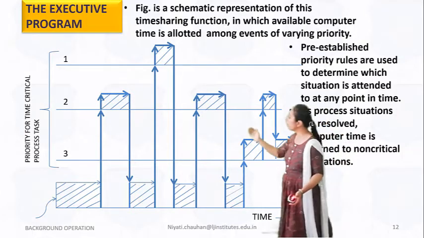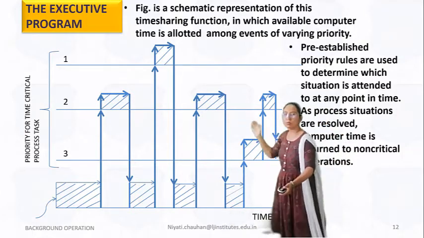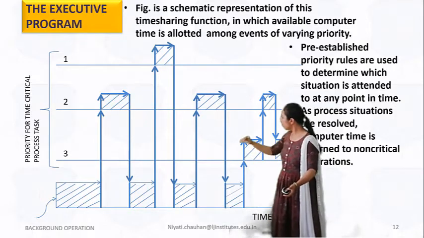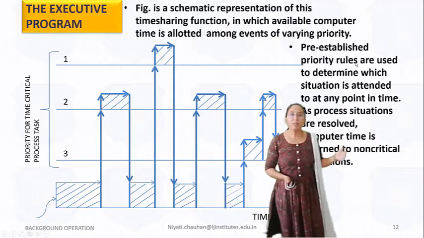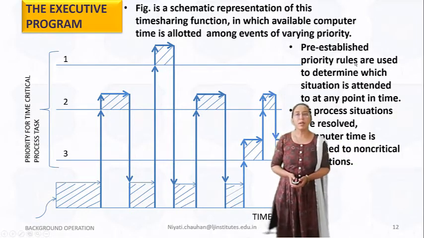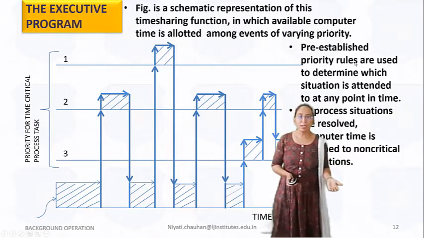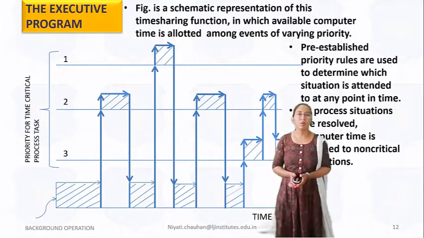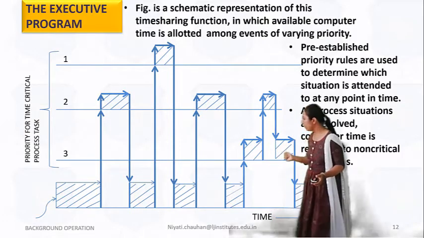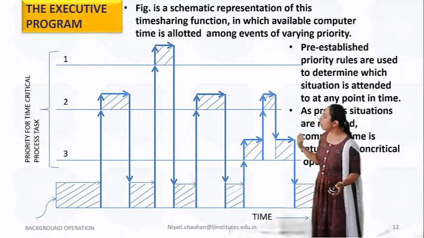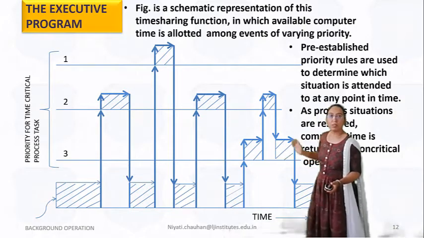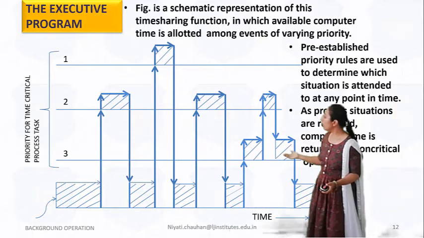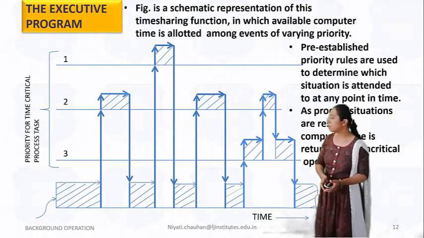Here you can see 1, 2, 3. These are time sharing functions in which available computer time is allocated among events of varying priority. During program execution, priority can be changed according to the emergency.